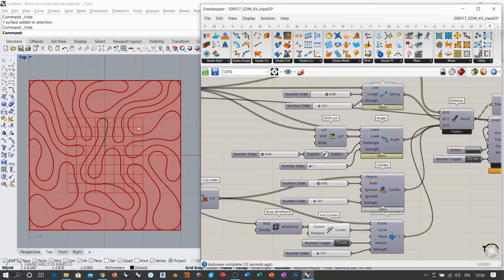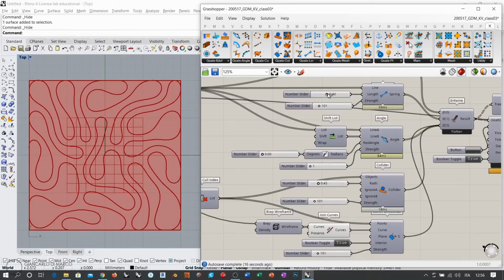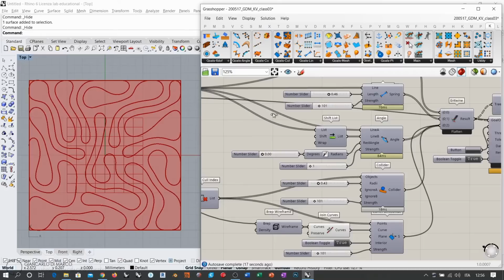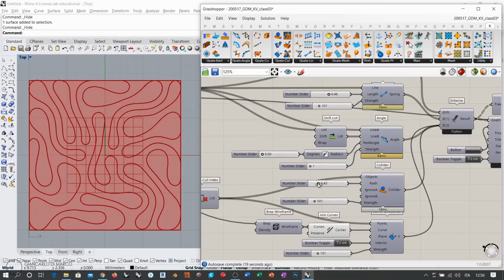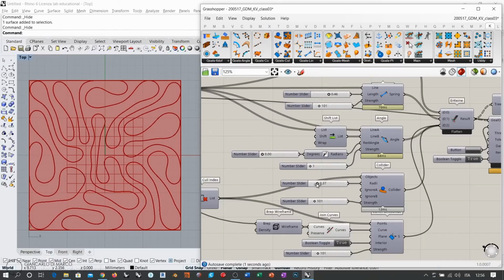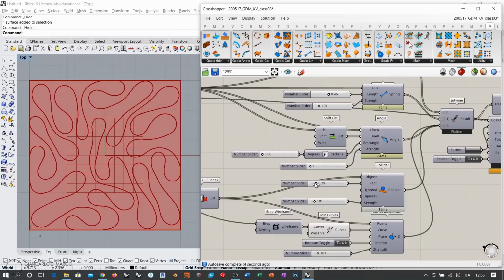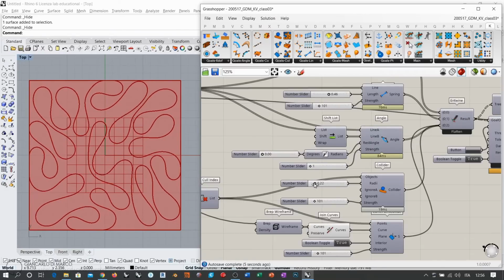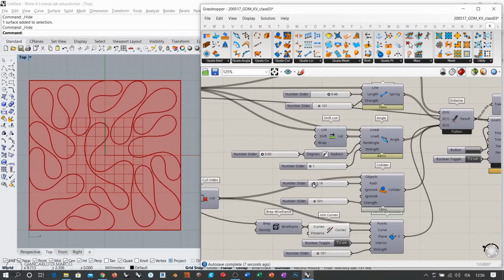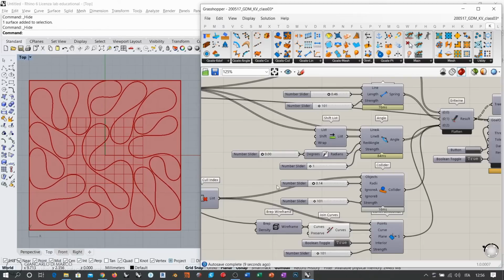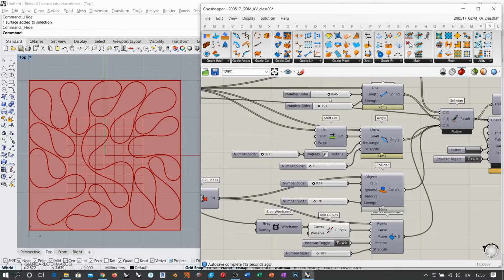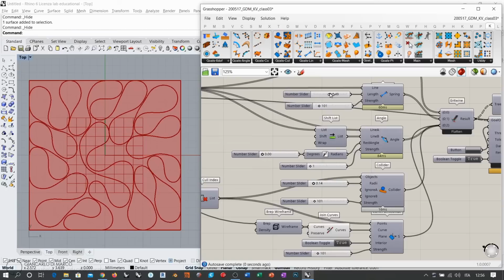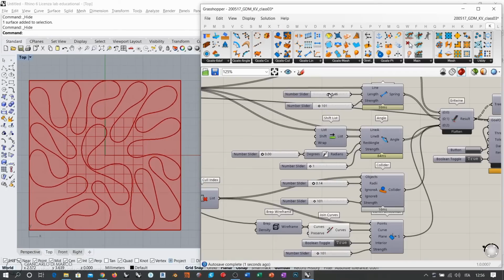We start to have a reaction diffusion behavior, very visible, like this. And then I start reducing the collision radius. So if you start reducing the collision radius, you make this curve capable of being very close to its different portions, right? So you start to have this kind of behavior here.